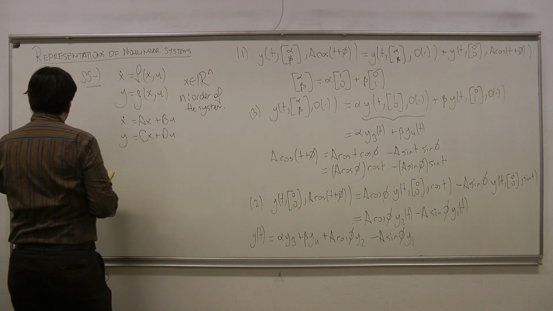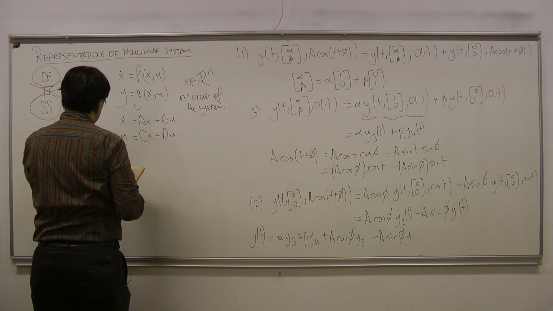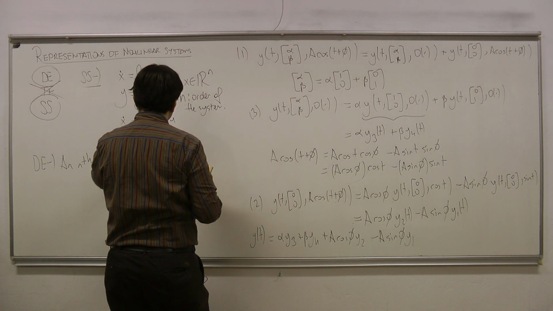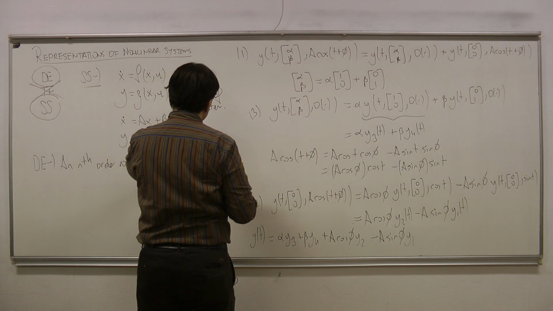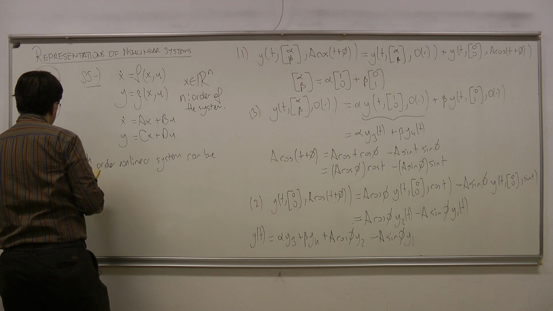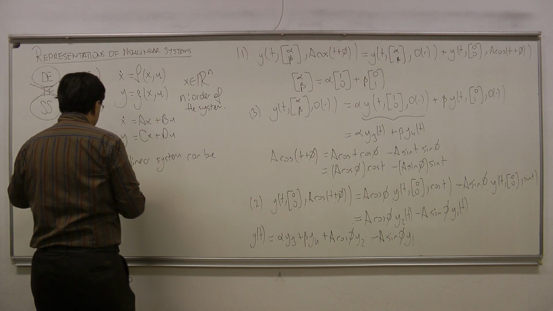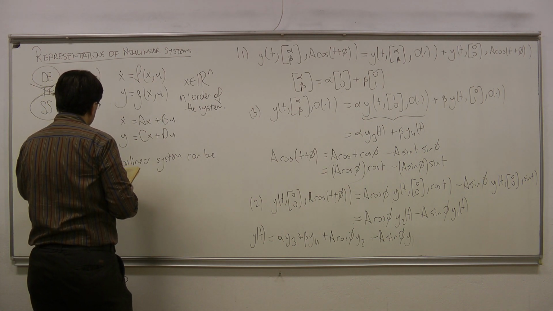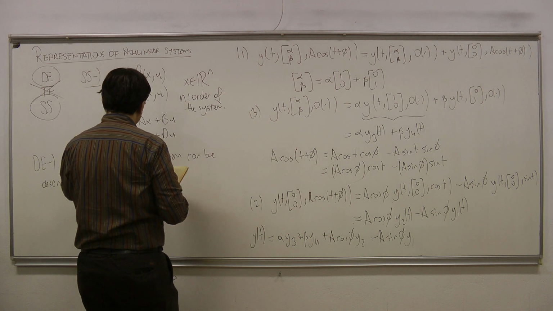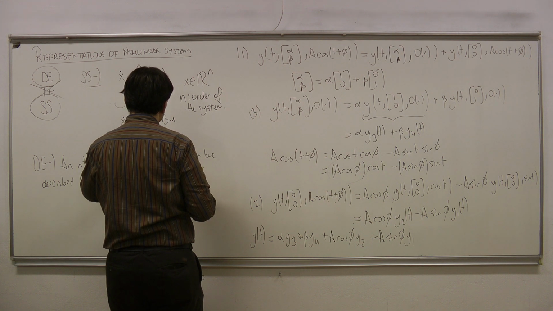Okay? So let us now look at what a differential equation representation of a nonlinear system would be looking like. Let me write here, an nth order nonlinear system can be described by an nth order ordinary nonlinear differential equation.